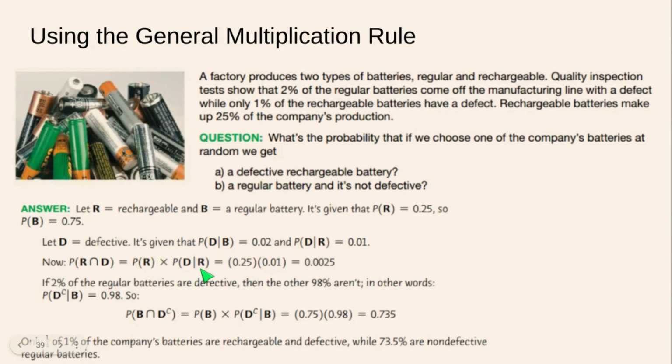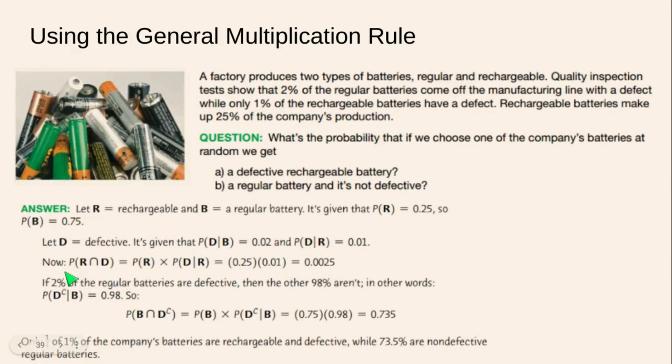Probability of defective given it's rechargeable is 1%. Now note that is different than the probability of getting a defective normal battery. It's 1% less actually. These batteries are more reliable if they're rechargeable, interestingly enough. And that's going to be a very small likelihood, 1% of 1/4.